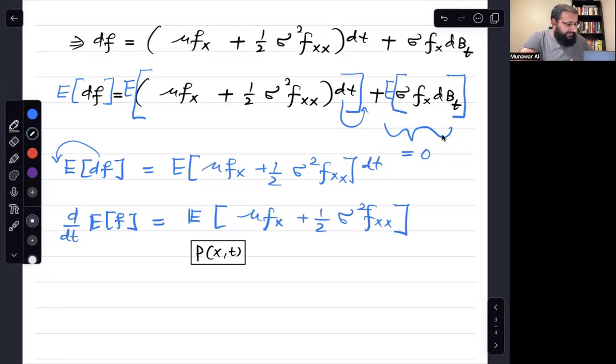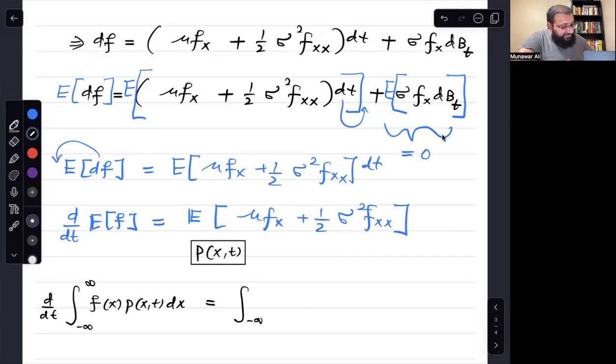So this would be simply d over dt of the integral from negative infinity to infinity of f, which is simply a function of x, times p of xt dx, because expectation is whatever the function is multiplied by the probability and you integrate.